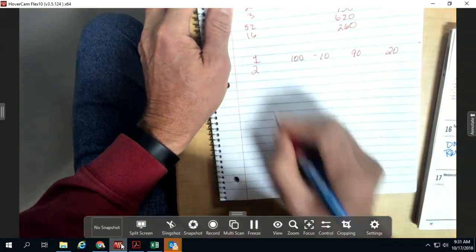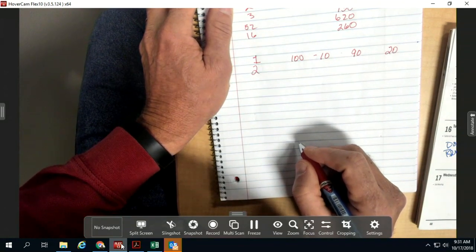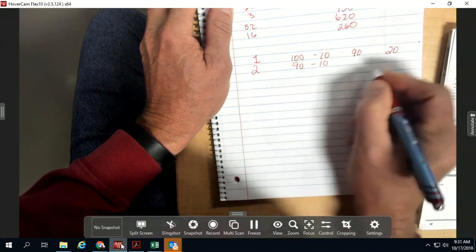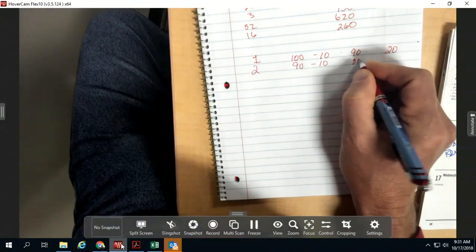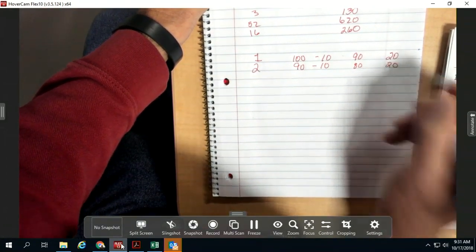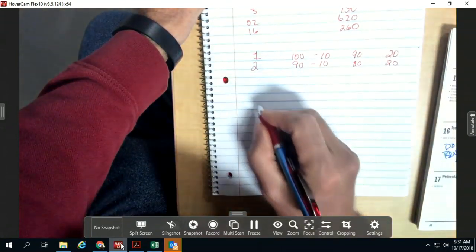So after 2 weeks, what did she start at? She's at $90. She pays $10 off her loan, so now her loan is down to $80. But how much did she pay? 40. Well, 40 total, but we're going to add these when we get to the end.